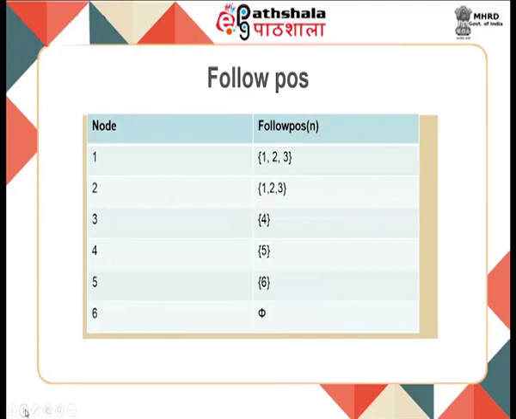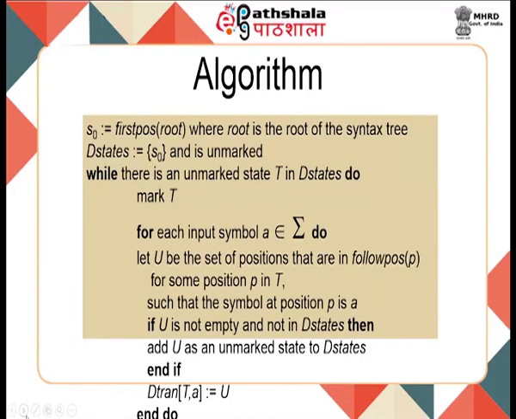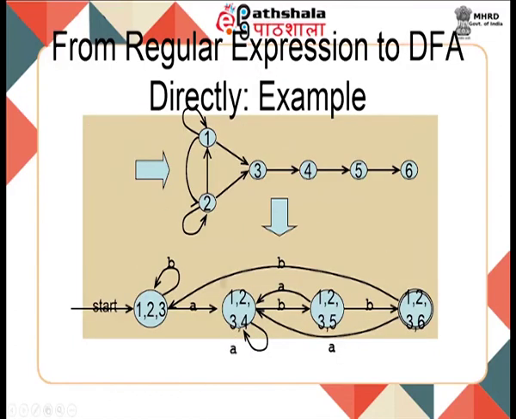Okay, so 2 on B is 1, 2, 3. Now similarly here for the next state 1, 2, 3, 4, again if you remember 1, 3 will contribute to A, 2 and 4 will contribute to B. So again 1, 3's follow position will be 1, 2, 3, 4.